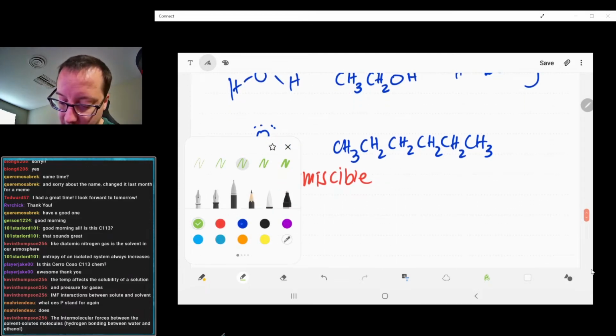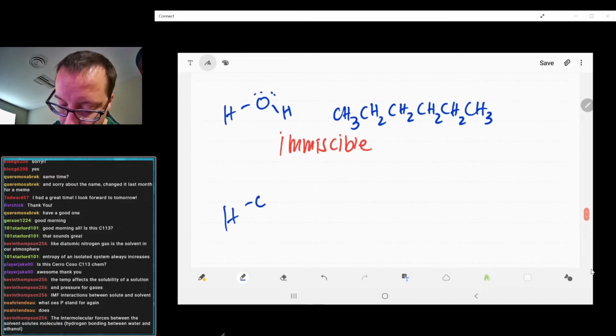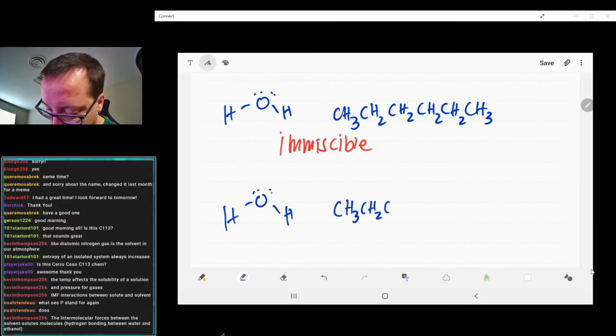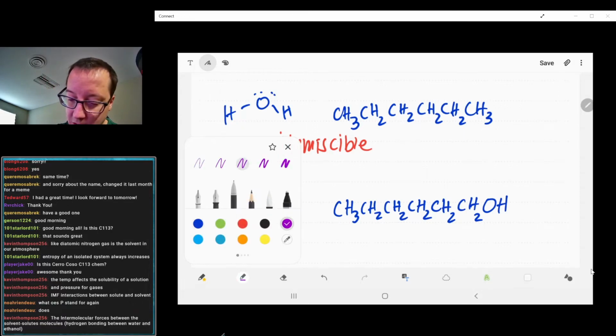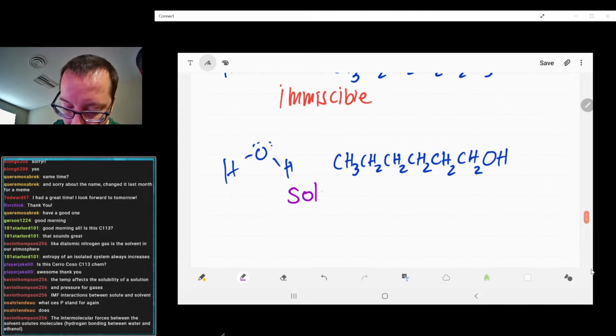However, if we throw an OH group onto this hexane molecule and make it hexanol, this one will probably be soluble, because it's got a huge nonpolar component, but it also has a bit that can do hydrogen bonding.